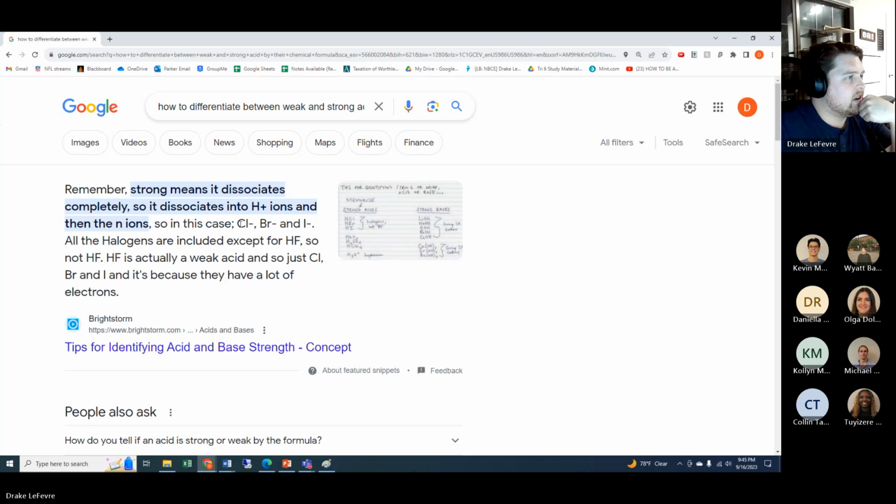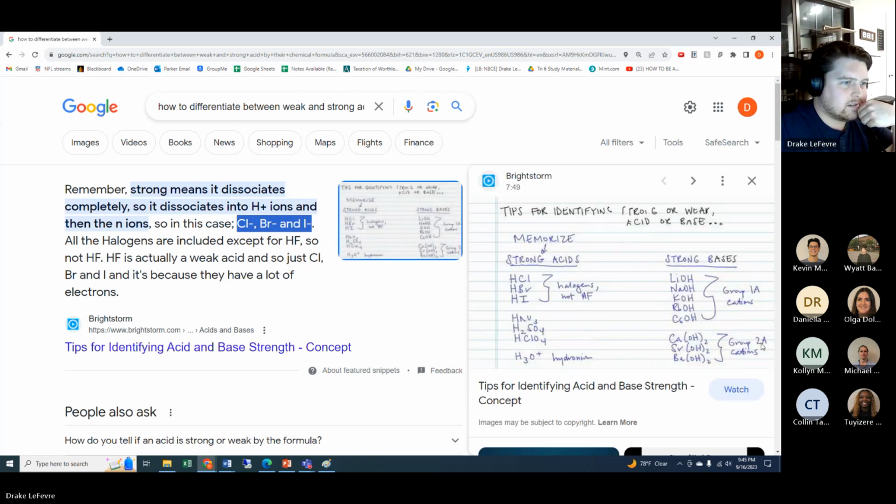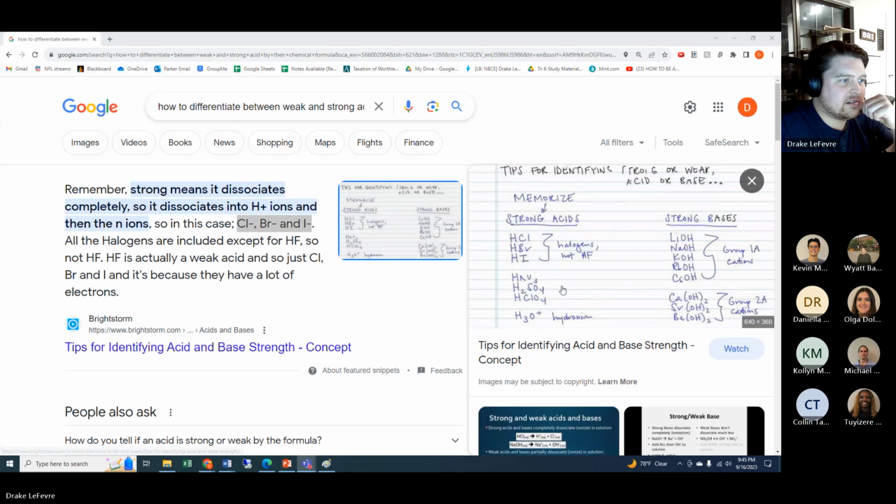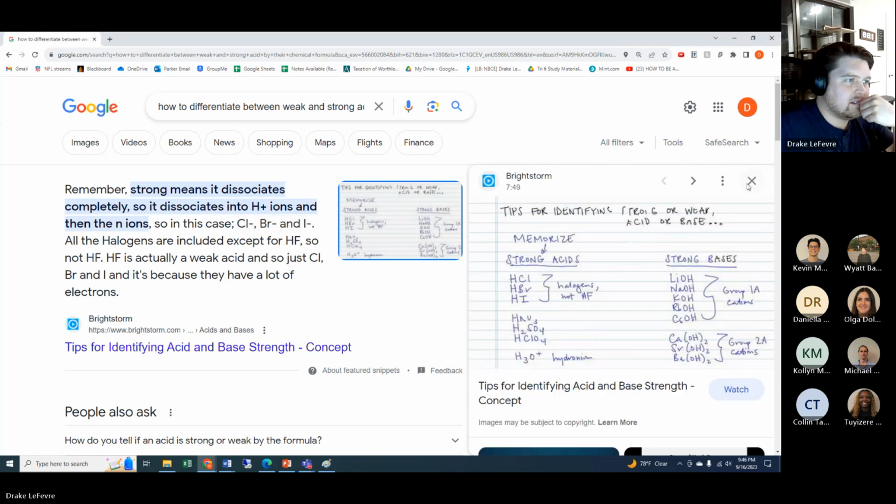Huh. Chlorine, bromine, and iodine. And probably sulfur as well. Okay, so it does have to have hydrogen.